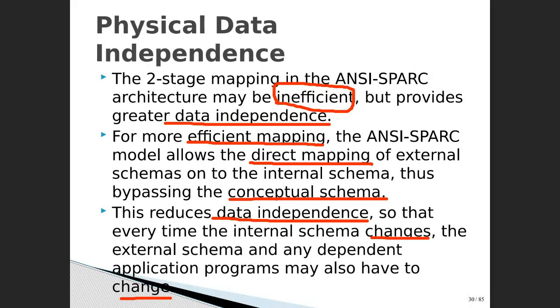By bypassing the conceptual schema, and this means that if the internal schema changes, the external might be changed as well. Okay, so this is something that can be performed by the database management system or the data model of the three levels in order to ensure efficient mapping.